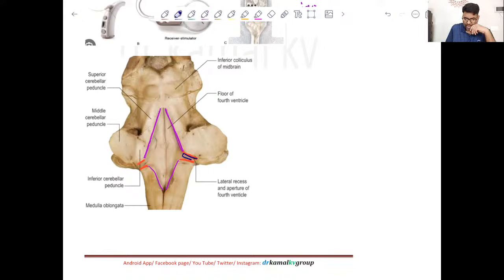The electrode is implanted somewhere here, depending on the site where the implantation is needed. Here we keep the electrode carrier, with those discs. So this is how we do this auditory brainstem implant placement.